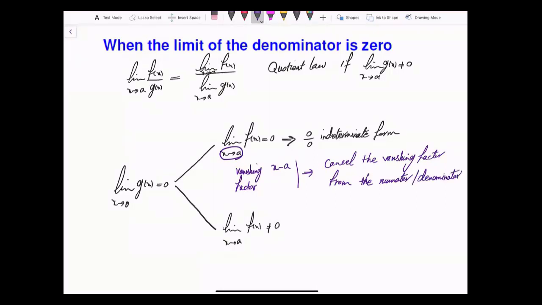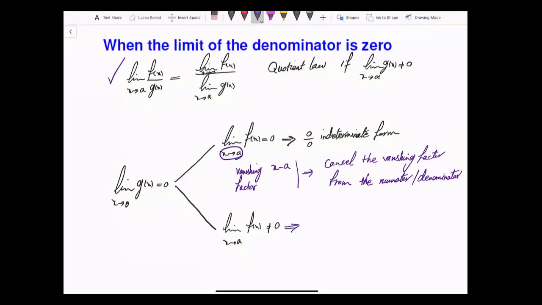And then when you cancel that, you will have another limit, which is a quotient, and you can go ahead and try to use the quotient law again. If it works, good. If it doesn't work, again, try to see which one of these cases happens. So that's when the limit of the numerator is 0 and the limit of the denominator is 0.